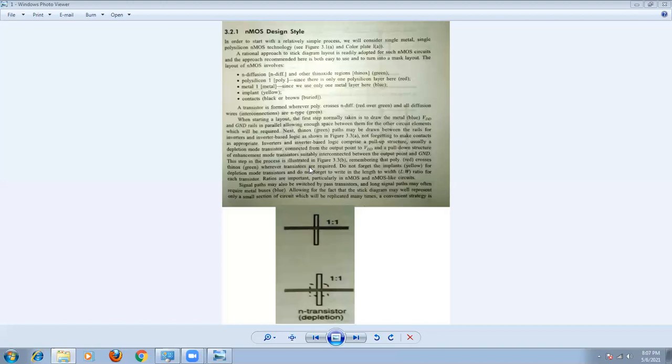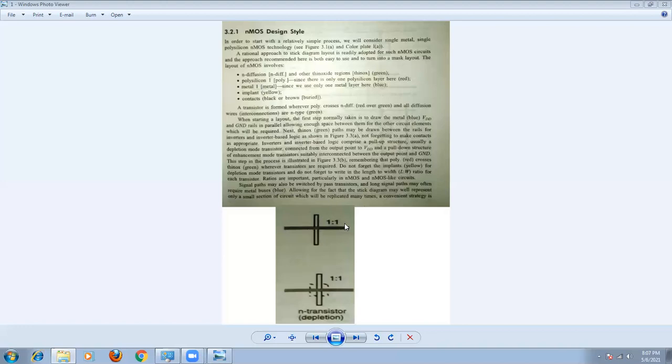Whenever the polysilicon crosses the N diffusion, a transistor is formed. If there is no polysilicon crossing the diffusion layer, no transistor will be formed. So there must be a crossing; polysilicon must cross the N diffusion. That is the main thing.